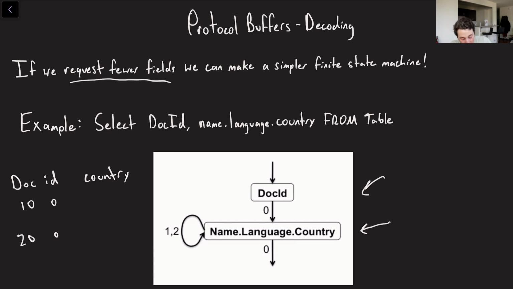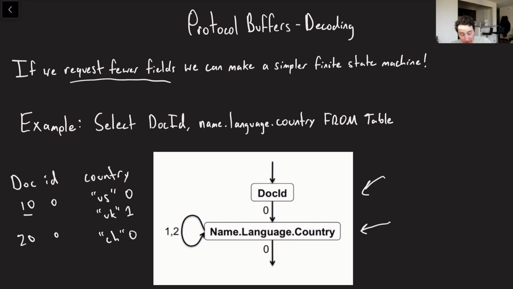And then over here we've got name.language.country, so we've got the country of the US with a repetition level of 0, and then, what's another country, the UK with a repetition level of 1. We're just following the state machine. So UK of 1, and then maybe eventually we see the US again with a repetition level of 0, or rather than the US, why don't I do China, just to make it clear.